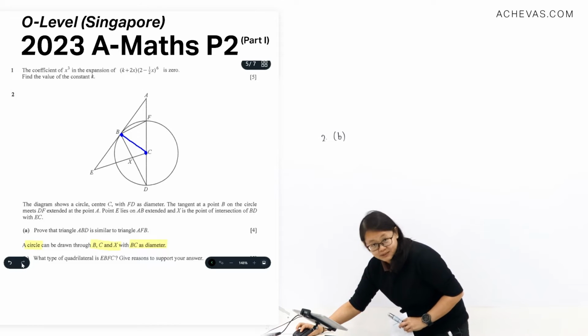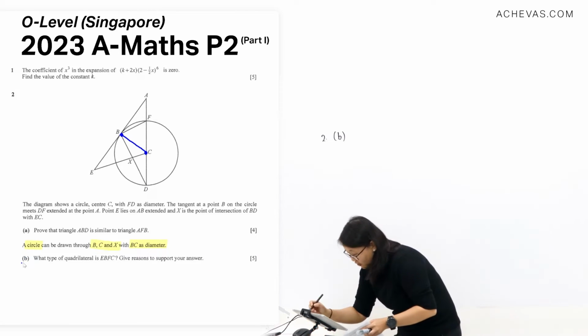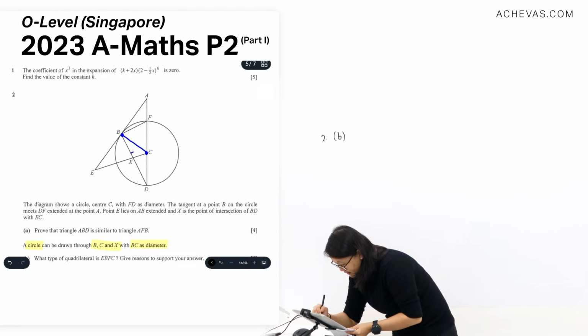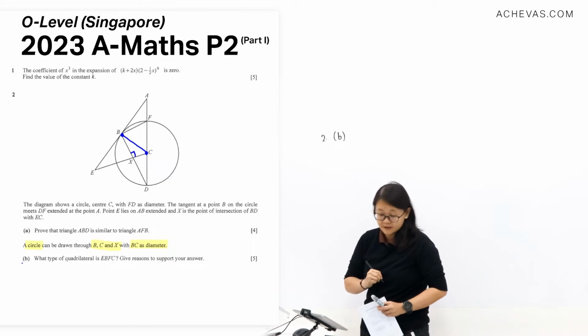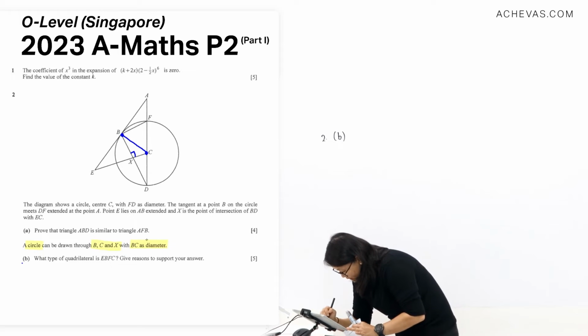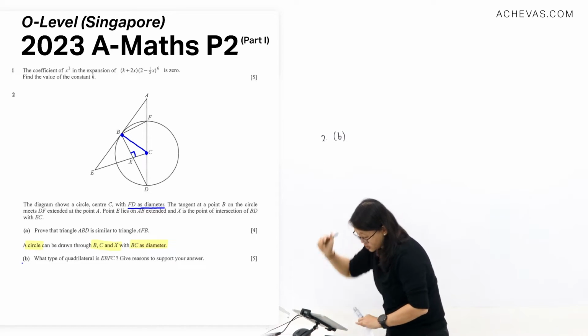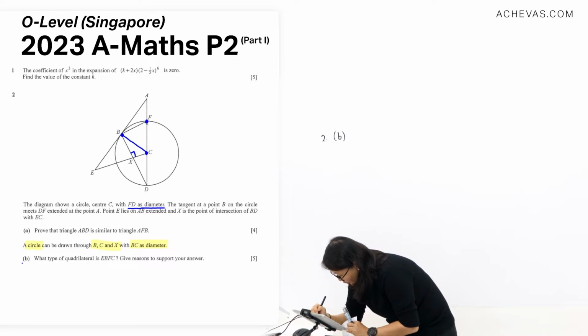If I have BC as diameter and a circle can be drawn through B, C, X, that means that X has to be on the circle, and therefore I will be having this angle as 90 degrees. The next thing I will be having is this FD as diameter from the previous part of the question. So you have this point, FD as diameter.